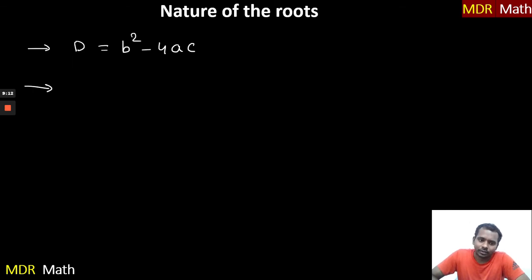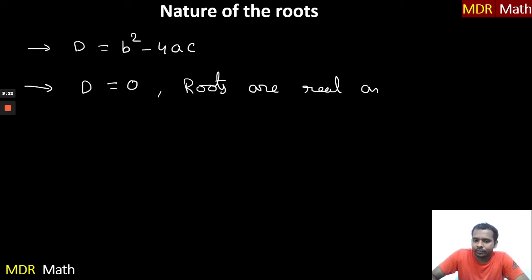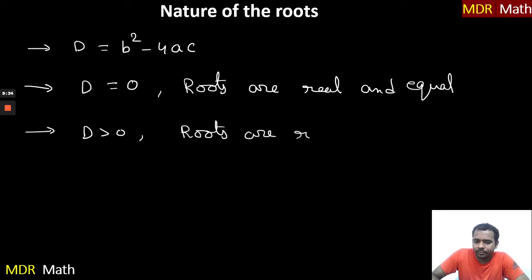So we know that when d is equal to 0, the roots are real and equal. If d is greater than 0, roots are real but distinct. That is real and distinct.